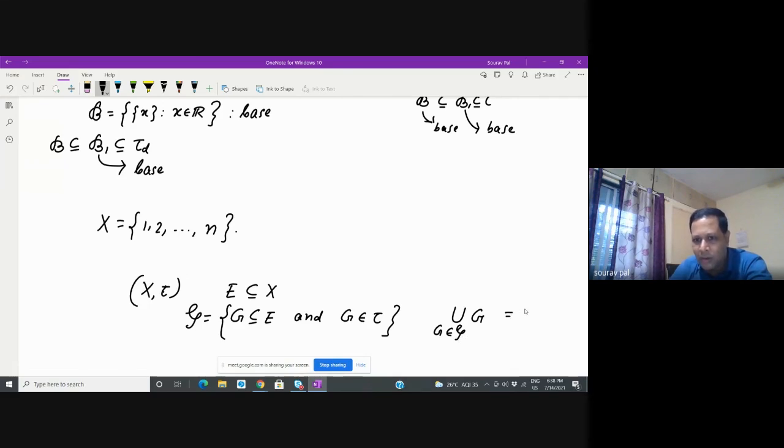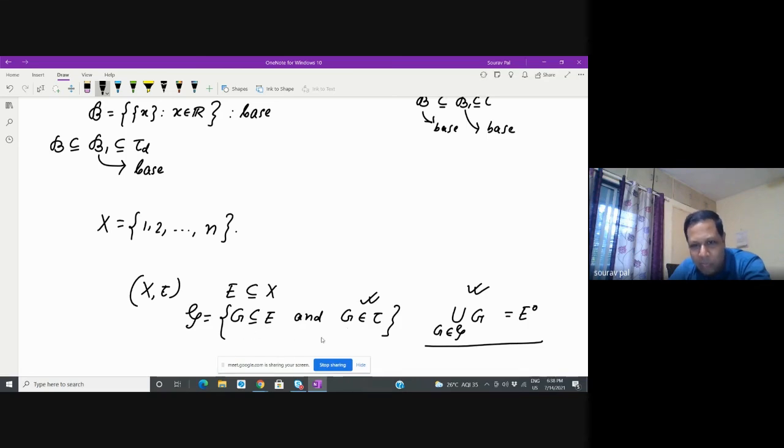This is what is called the interior of E, right? And this is a valid definition. You don't need any kind of Zorn's lemma for this. You are defining a set, and this set is well defined.